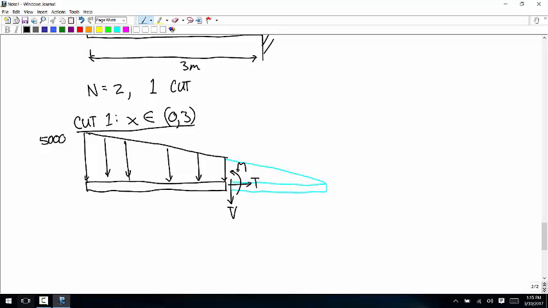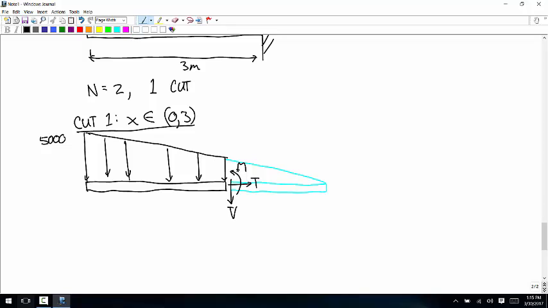So it goes from being a triangle that's easy to deal with to being a trapezoid that's a pain. Does that make sense? Yeah. Okay.